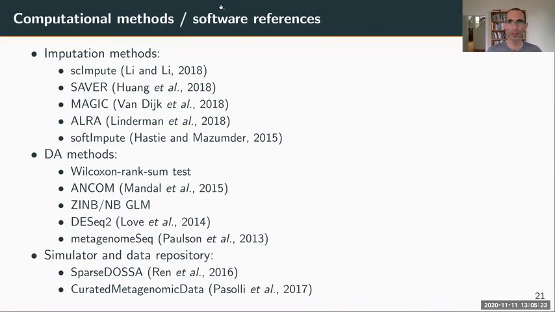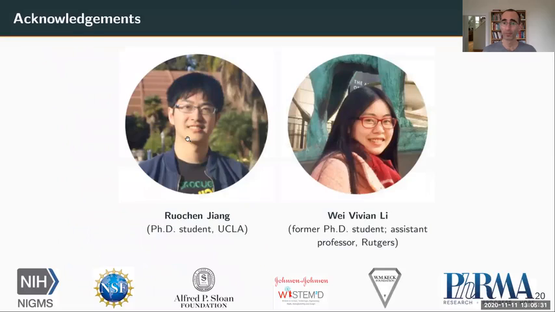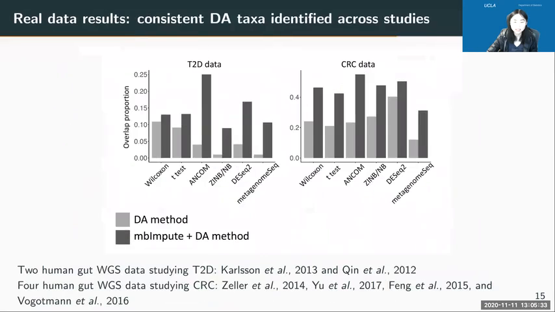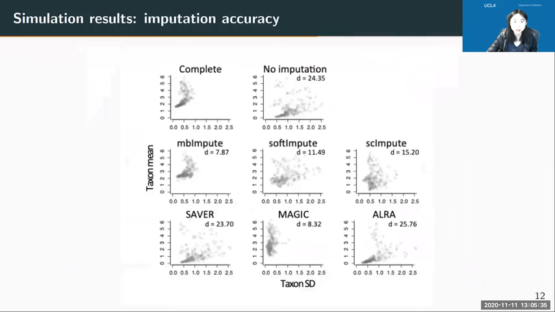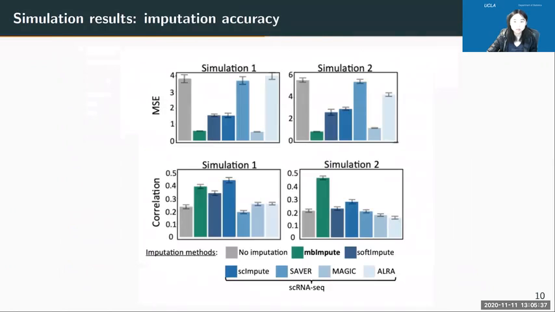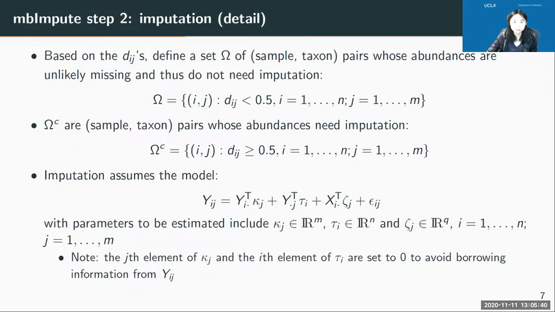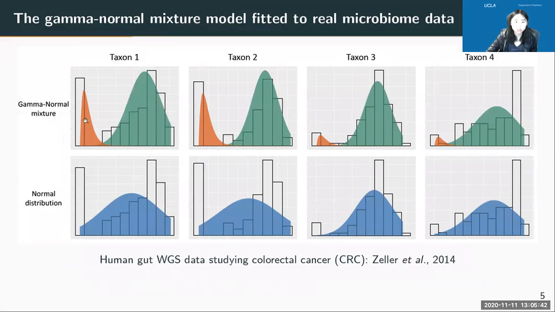There are a couple of questions in the chat. From Toby: do you do anything to ensure the fitted gamma component is close to 0? I think that's a very good question. Based on this graph, we did use the EM algorithm to fit the gamma normal mixture model like this.